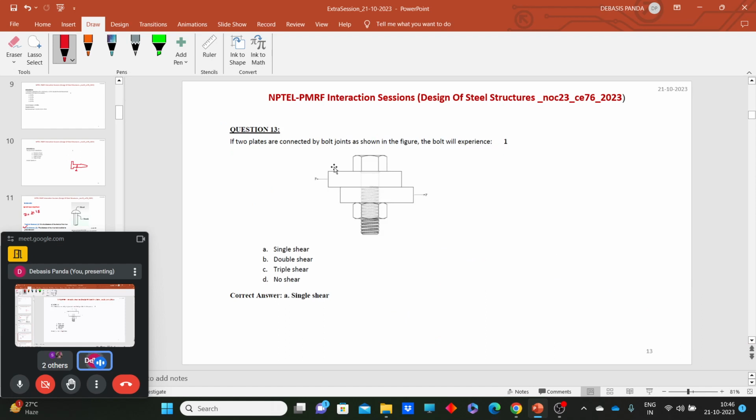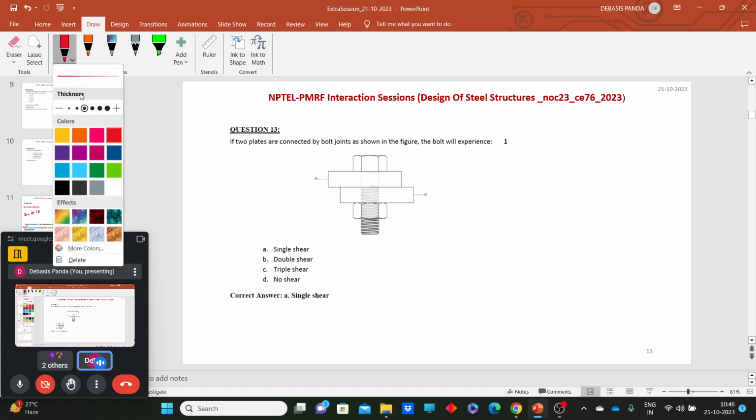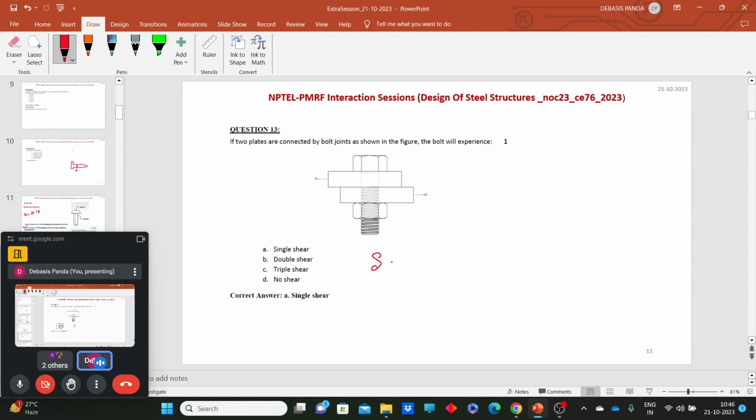Okay, now let's move to the next question. This is regarding the shear failure of a bolted joint. Let's quickly go through these concepts a little bit. We are dealing with bearing type bolts. In bearing type bolts, the tightening condition we maintain is the snug tight condition.